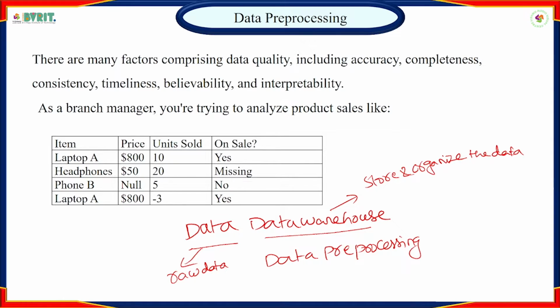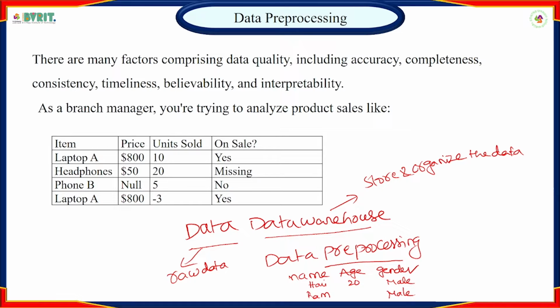For example, why we are moving into data pre-processing: I have taken name, age and gender. For example, Hari, age 20, gender male; Ram, gender male.